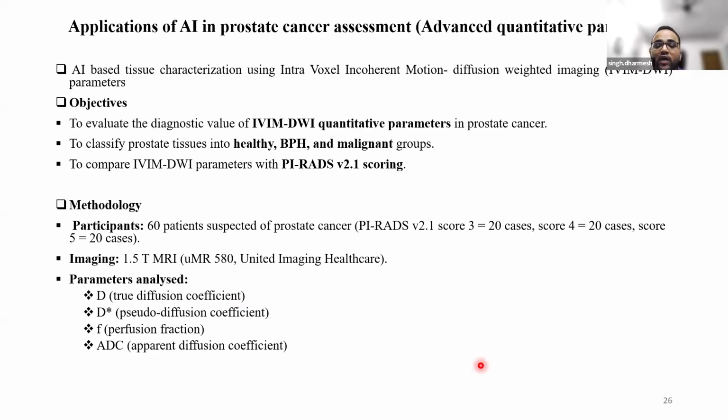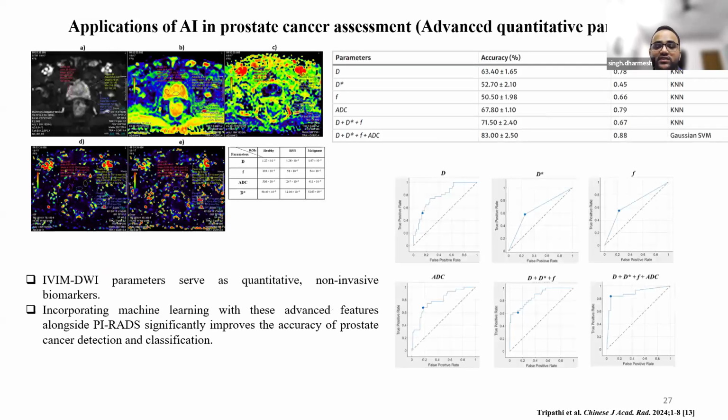From the IVIM we extracted these features, combined them, and then saw how reliable they are for accuracy.